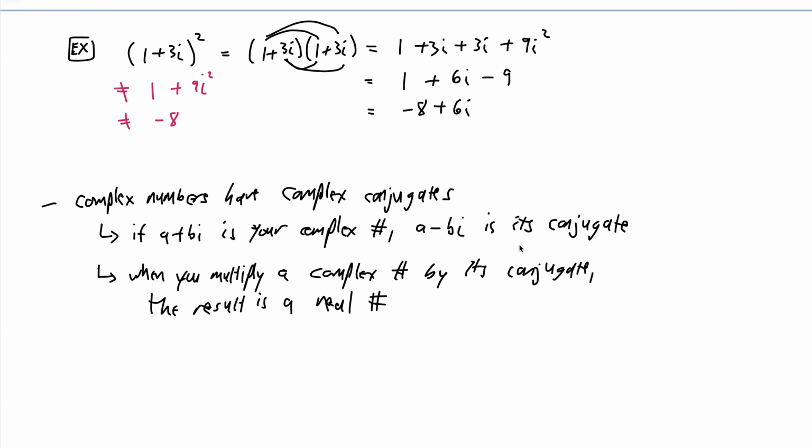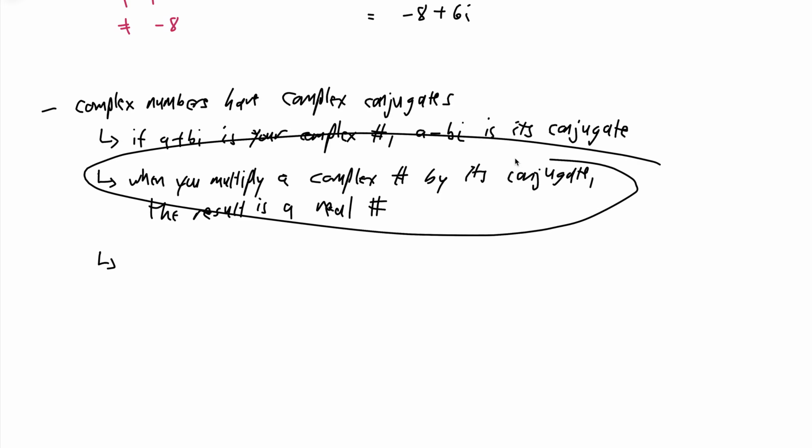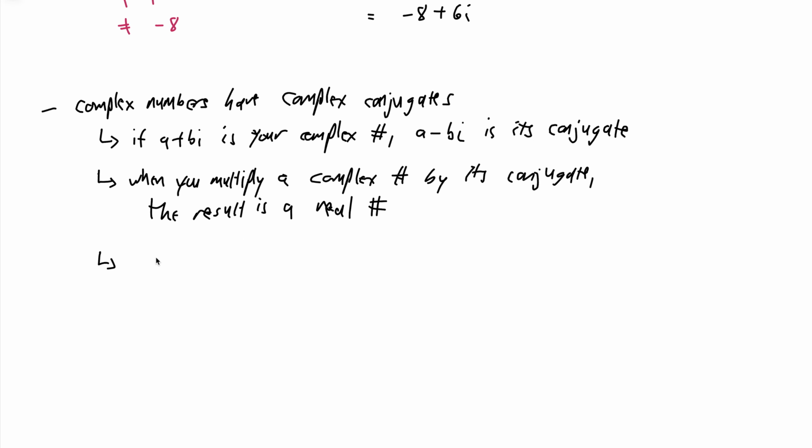Okay, so when you multiply a complex number by its conjugate, you are going to end up with a real number. Okay, awesome. Something else to say, right? One last thing. So we know what the conjugate is supposed to be. We know what happens when you multiply the complex number by its conjugate.